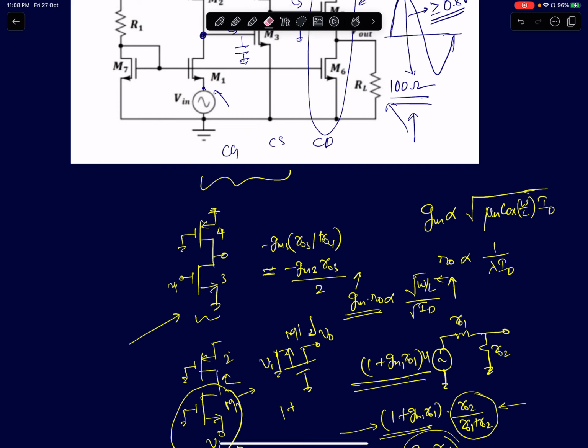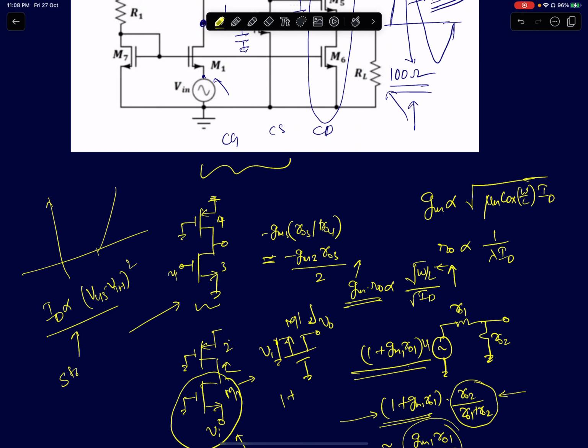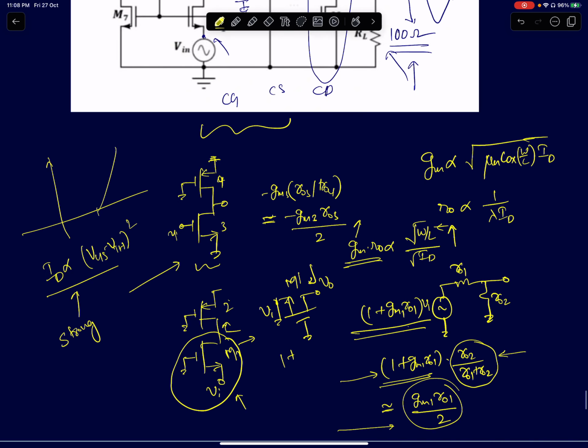So you have to keep in mind that when we analyze MOSFETs in an introductory, first level course, we introduce what we call the square law characteristics. The square law characteristics are derived assuming that your drain current is proportional to VGS minus VTH the whole square. You have to keep in mind these results are valid for strong inversion. Strong inversion generally means your VGS is much greater than VTH.